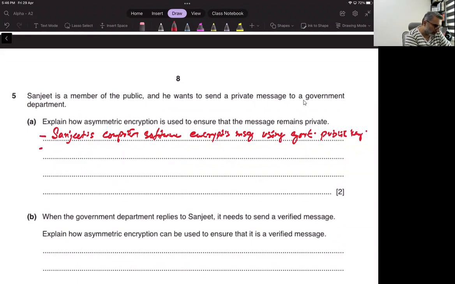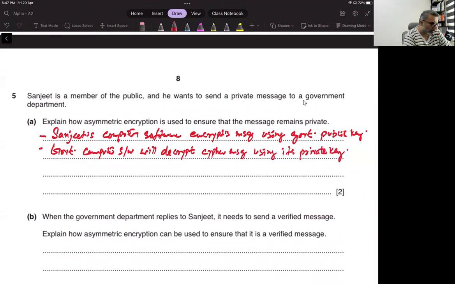All right. Governments do not use abbreviations as I do. The government's computer software will decrypt the ciphered message using its private key. All right, that's it.